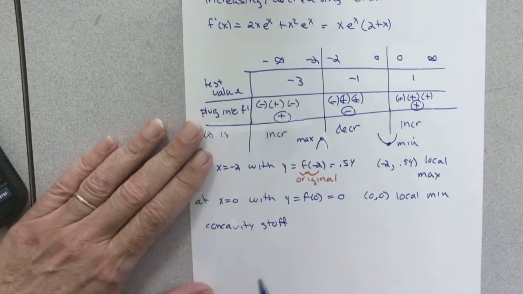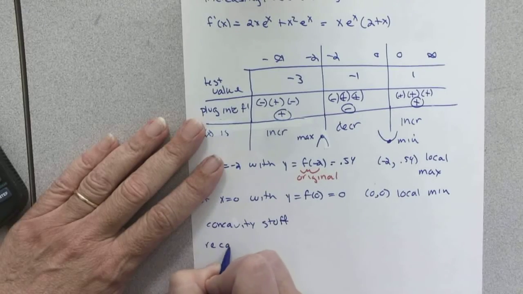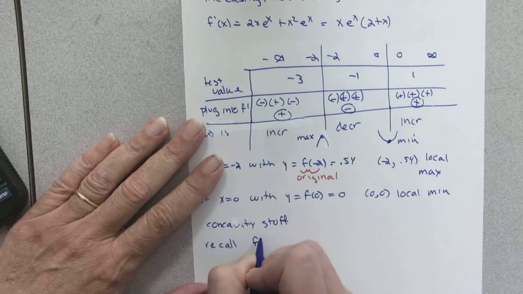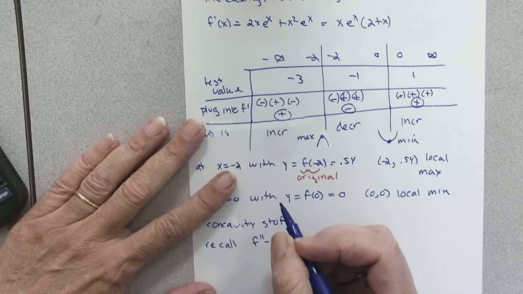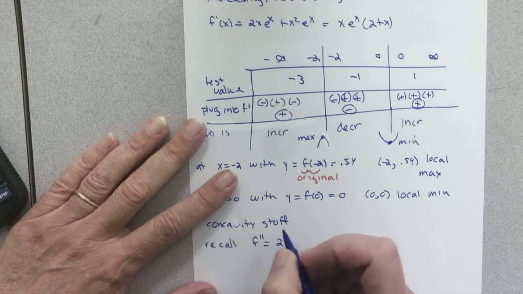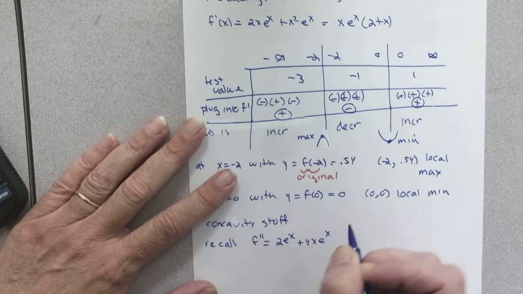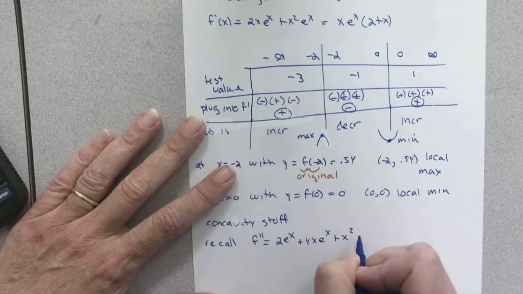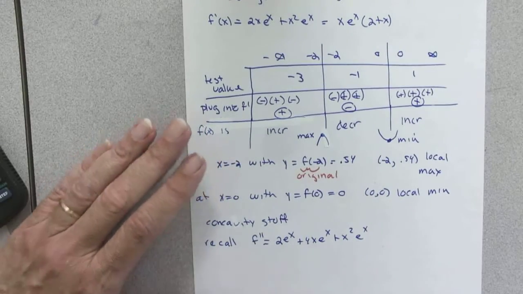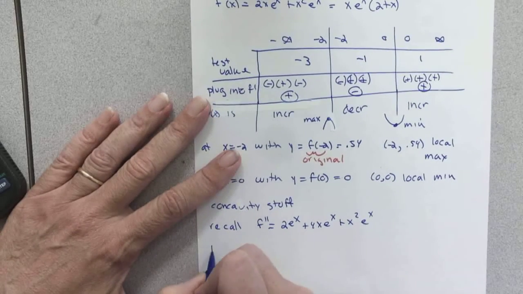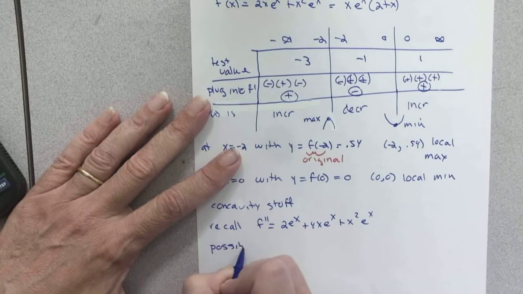Concavity stuff. We use the second derivative, which we were given that the second derivative was 2e to the x plus 4x e to the x plus x squared e to the x. So I find my possible inflection points.